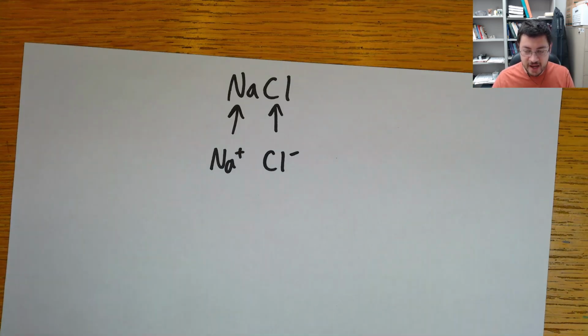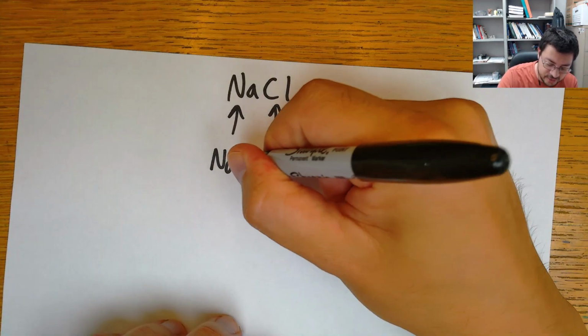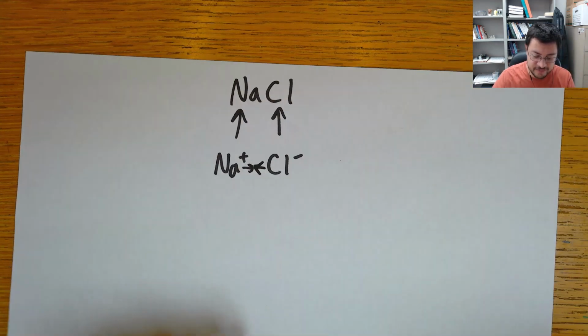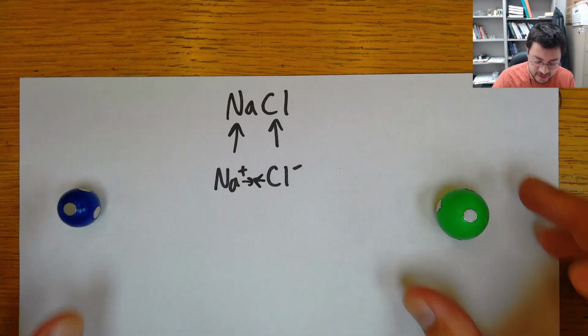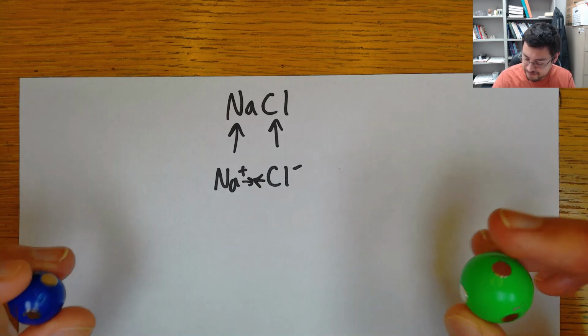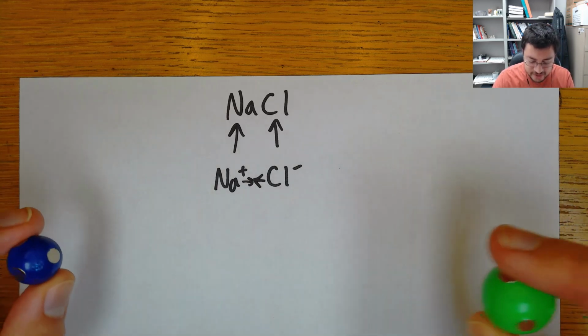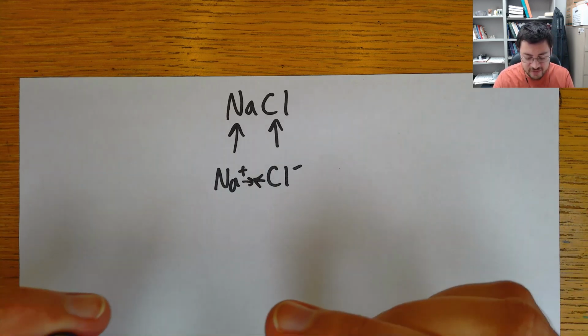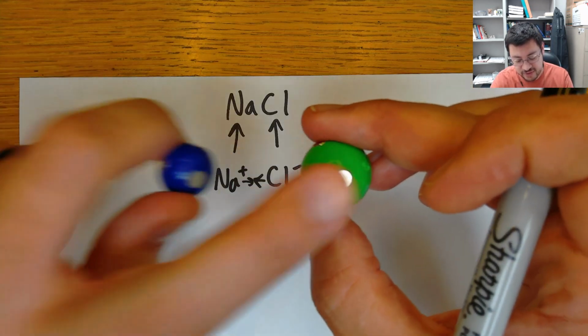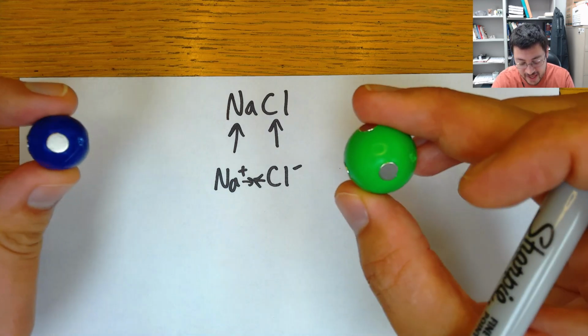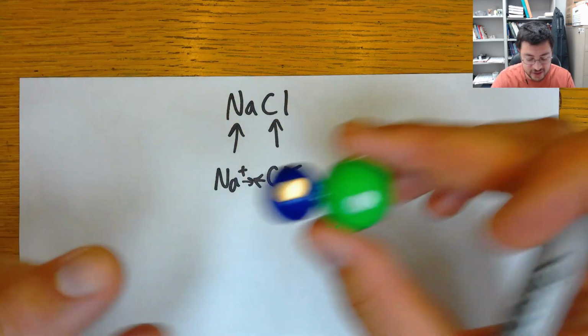And in forming an ionic compound, you need to have the cation and anion already existing in order for them to have the attraction between the positive and negative. If I had neutral sodium and neutral chlorine, they would just be separate until they collide and an electron from the sodium gets transferred to the chlorine. All right, they need that collision in order for the electron to be transferred.